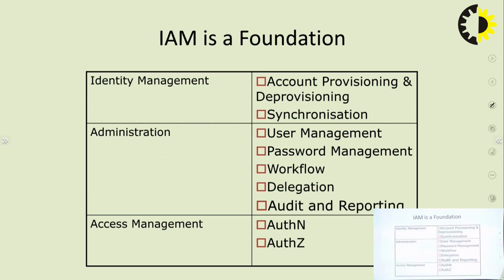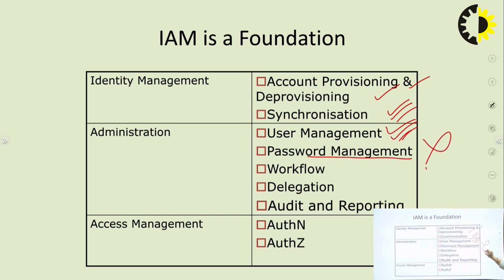So IAM is basically a foundation: identity management, account provisioning and deprovisioning, and a proper type of synchronization. Now in terms of administration, the management of the user is a very important role. If there are different types of users, the management of different users needs to be properly there. As in my previous slide, I told you that management of passwords is not easy.